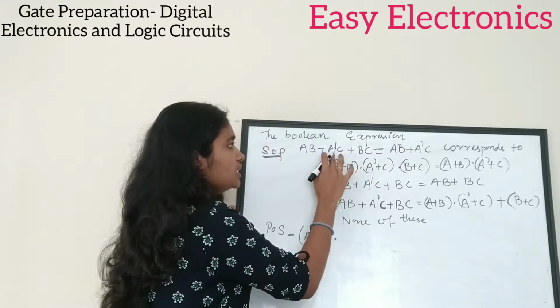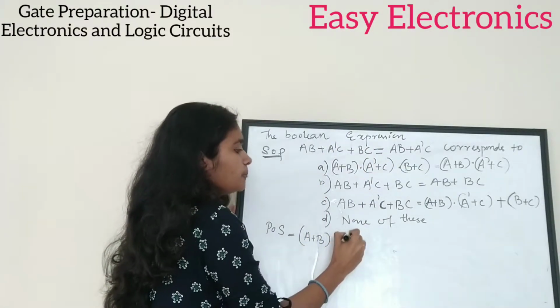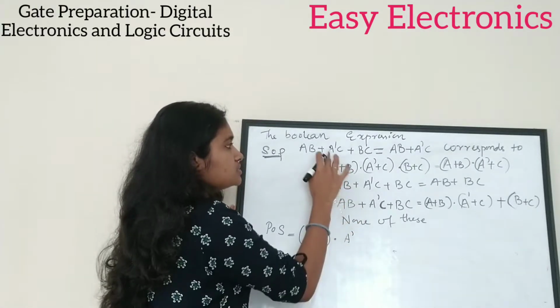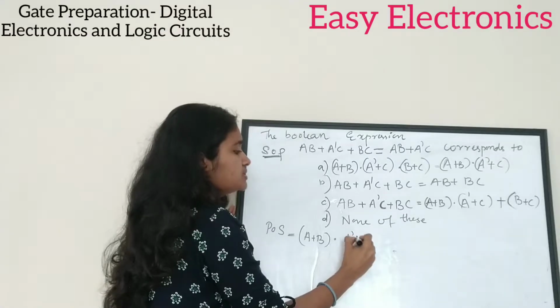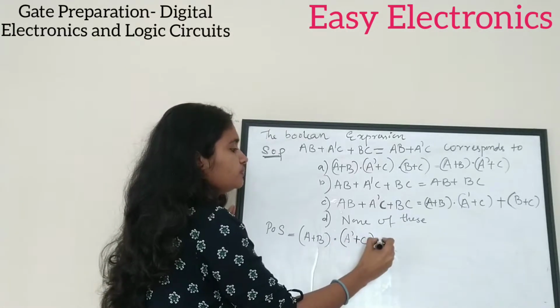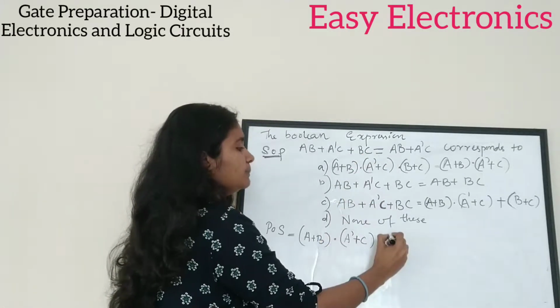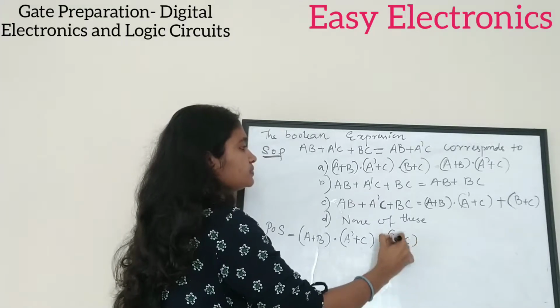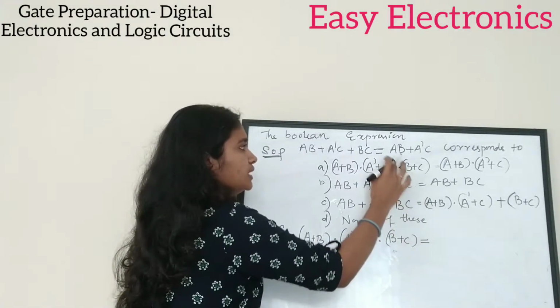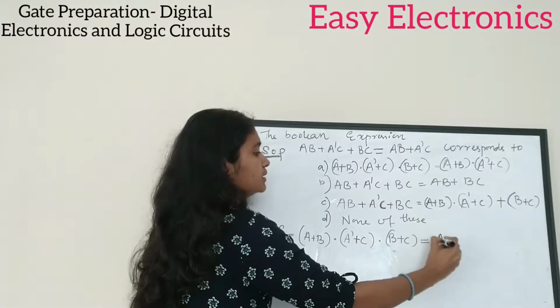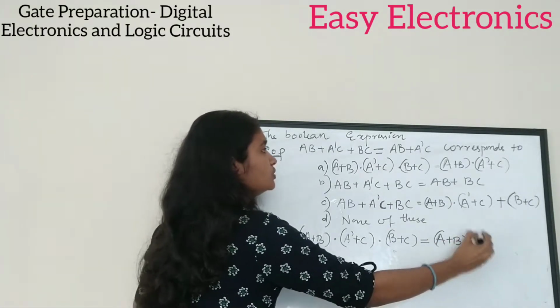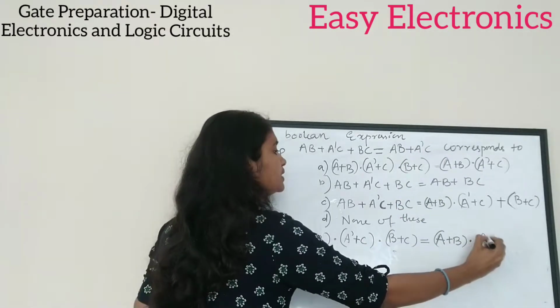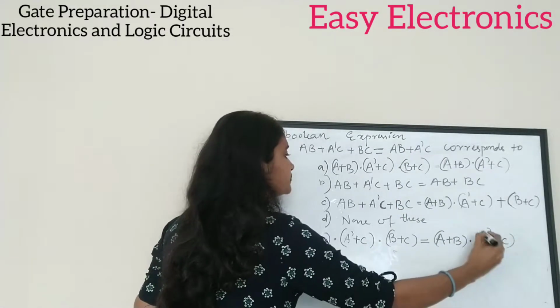That is A into C will become, sorry, it's A bar into C. It will be A bar plus C into, again BC will be B plus C, equal to AB will be A plus B into A bar C will be A bar plus C.